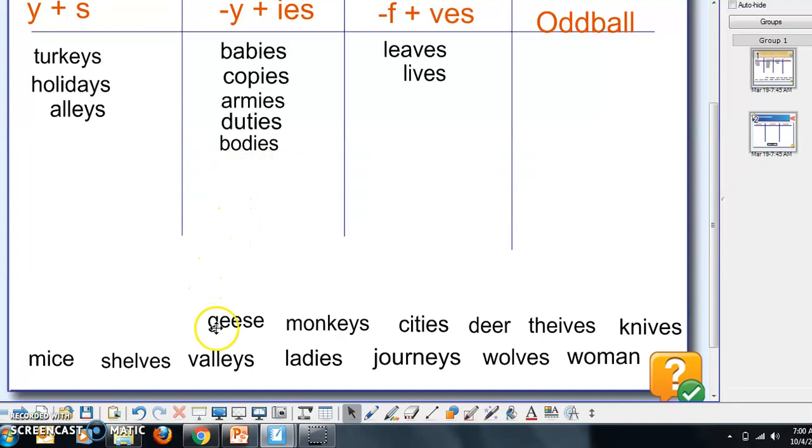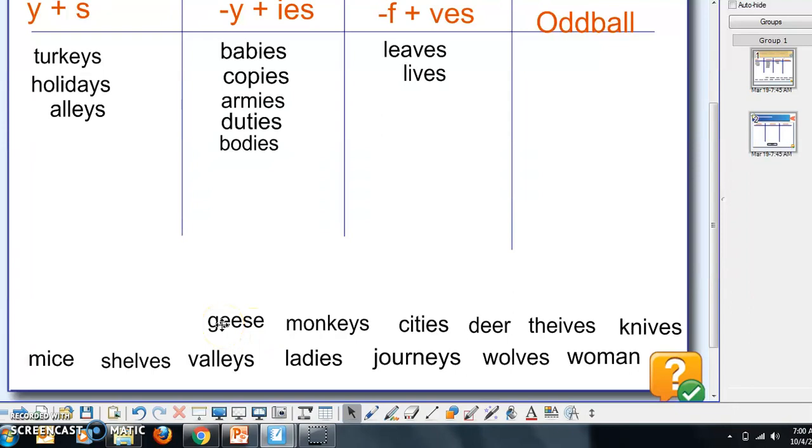Now let's take a look at this word, geese. We're talking about more than one goose. There's a couple. What pattern would this fall under? Does it have a Y? No. Does it have the F? No. Of course it wouldn't.